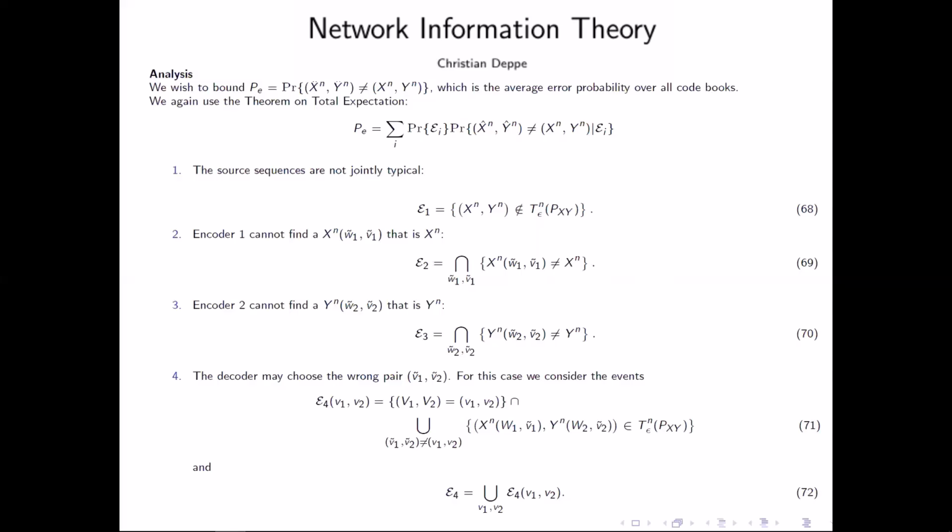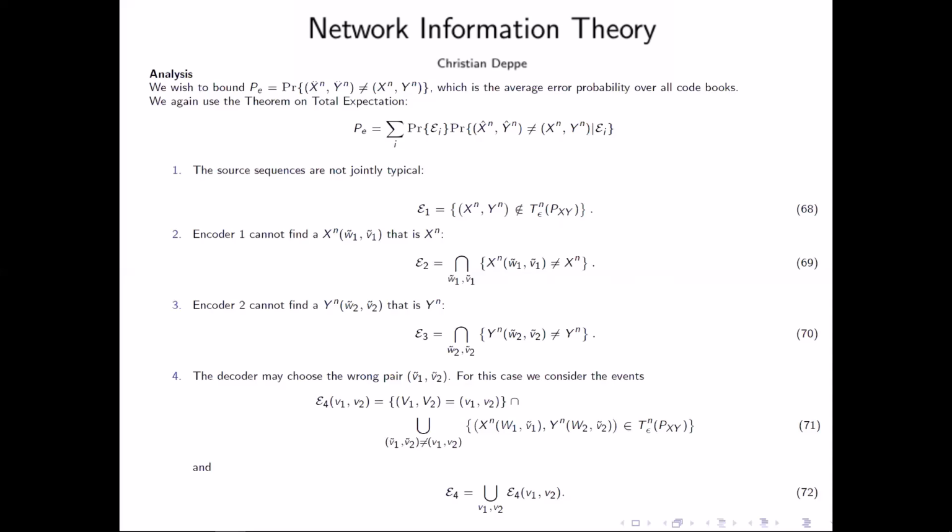So we look at several events whose probabilities sum up to 1, and look then at the probability that an error happens under the condition that event 1 happens, like we did before.